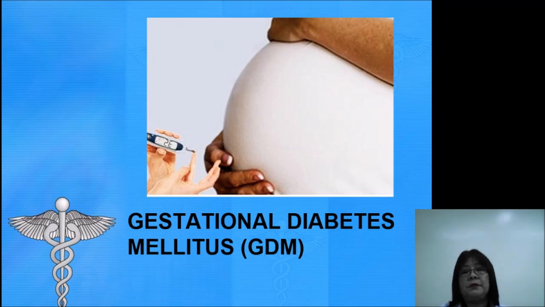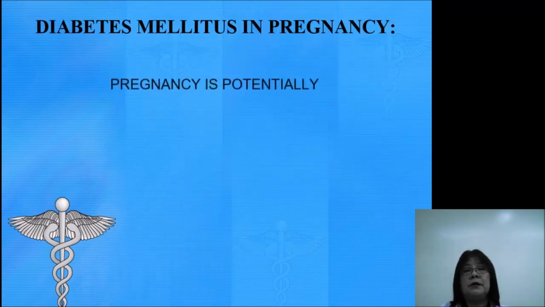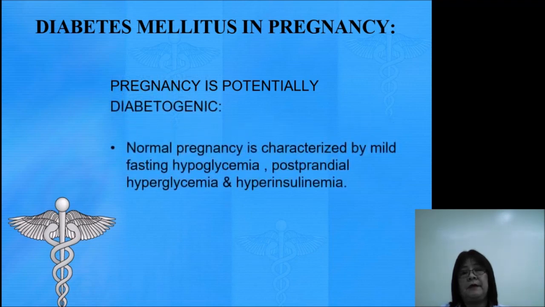So we will now proceed with gestational diabetes mellitus. These are the patients with no history of diabetes prior to pregnancy, and they just get pregnant and develop diabetes when they are pregnant. So why is pregnancy potentially diabetogenic?